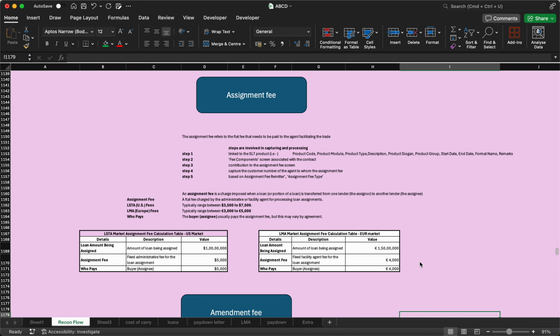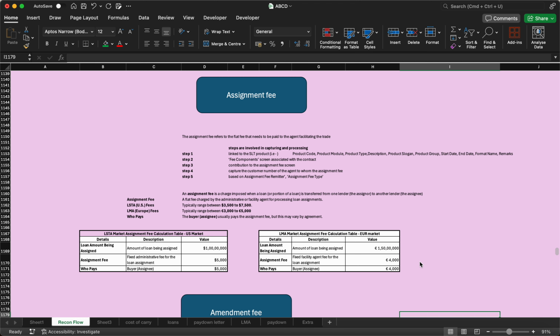Usually the buyer will pay the fee, like the borrower asking for the money, so in that case the borrower will pay. But sometimes, according to the agreement, while doing the agreement on the capital commitment, they will mention who will pay the fees, or it will be partially paid, or some percentage, so the fees will be divided accordingly.